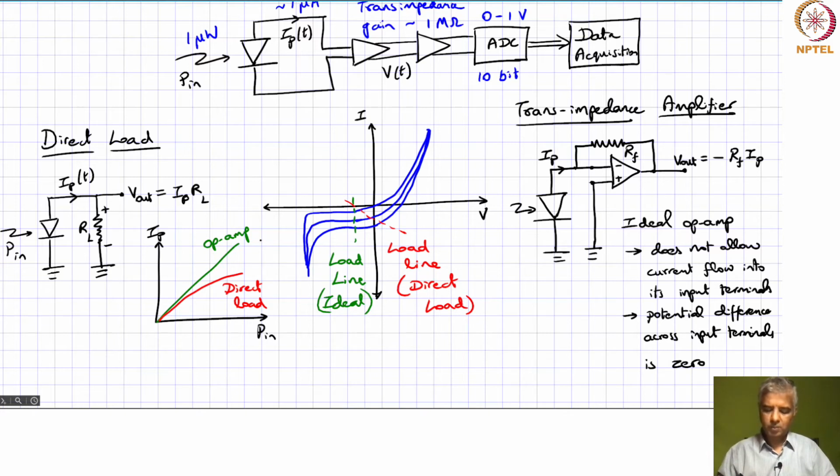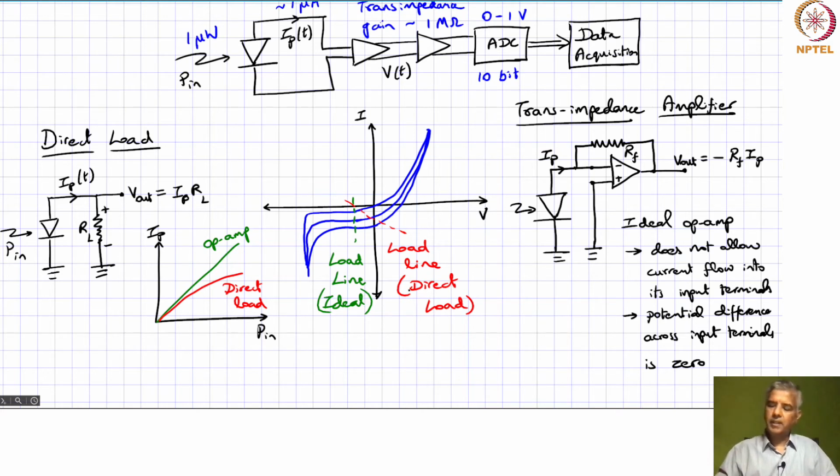Like I said, it will probably saturate over here because of the limitation in the current the op amp can supply, but that's a secondary thing. Overall, the transimpedance amplifier is a much better configuration if you are interested in extracting as much photocurrent as possible from your photodiode, and it's one of the more common configurations used.